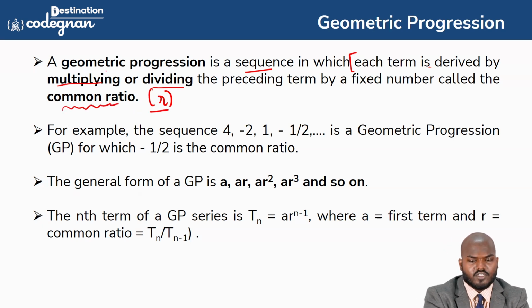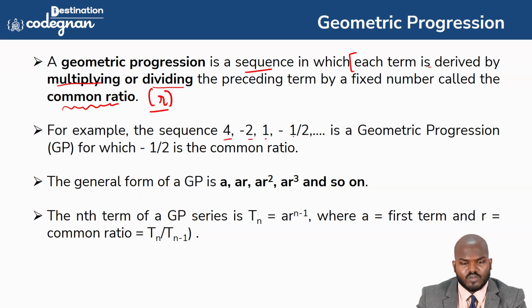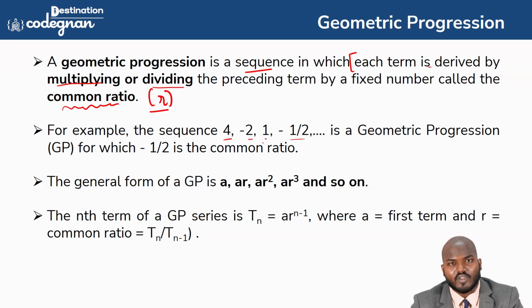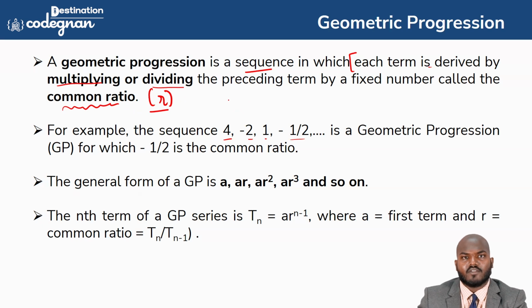For example, take the sequence 4, -2, 1, -1/2. Here, how will you find the common ratio? In the previous case, we took the difference to find the common difference.